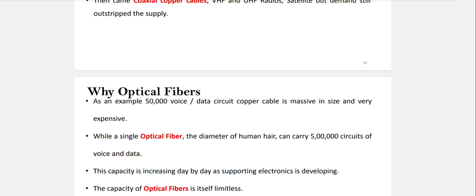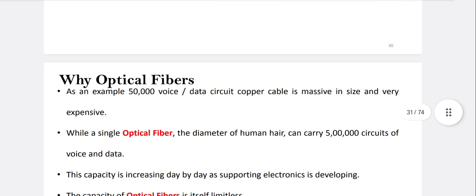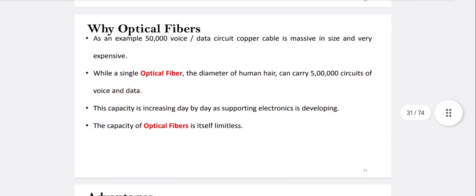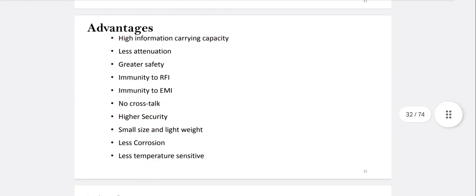This thin cable can carry 5 lakh circuits of voice and data at the same time, and the capacity of the fiber optic cable itself is limitless. We can also send signals over long distances without any disturbances. These are all the advantages of fiber optic communications.